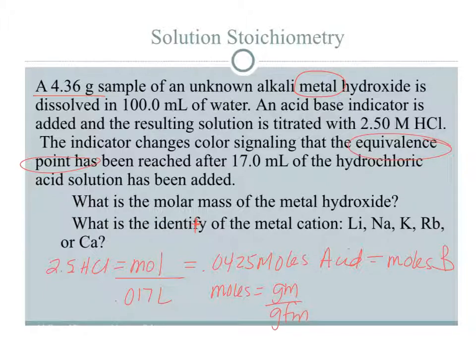And we know the moles, 0.0425, and we know the given mass, 4.36, and that's going to equal X. So our molar mass is going to be 102.59, or 102.6 grams per mole.